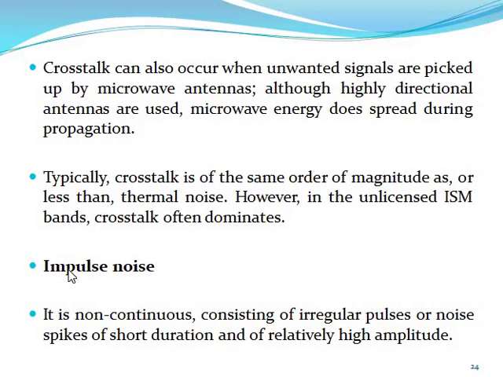Impulse noise. It is non-continuous, inconsistent, irregular pulses or noise spikes of short duration and high amplitude. So what is impulse noise? The non-continuous, inconsistent and irregular noise occurs in any transmitter and receiver, in any direction, but the amplitude is very high, so it is called impulse noise.